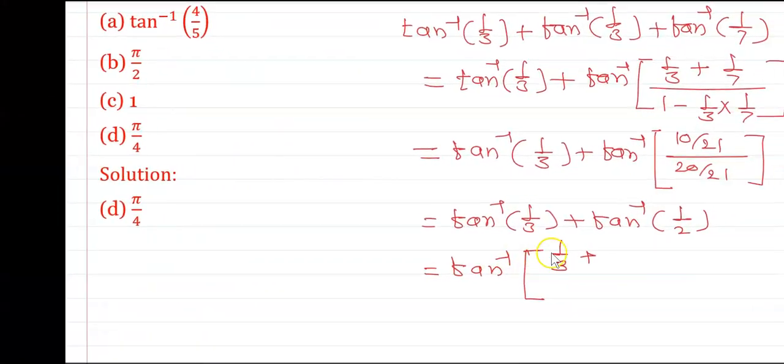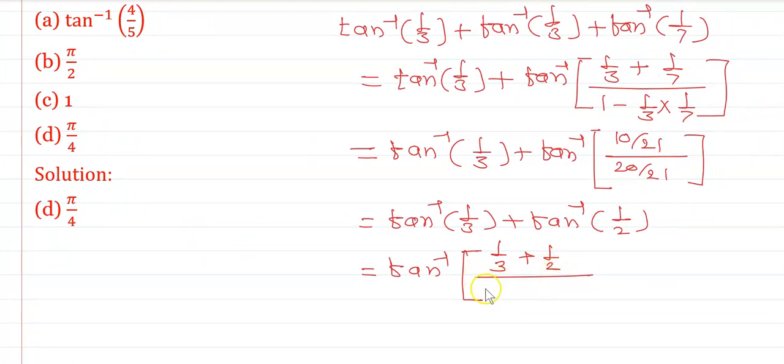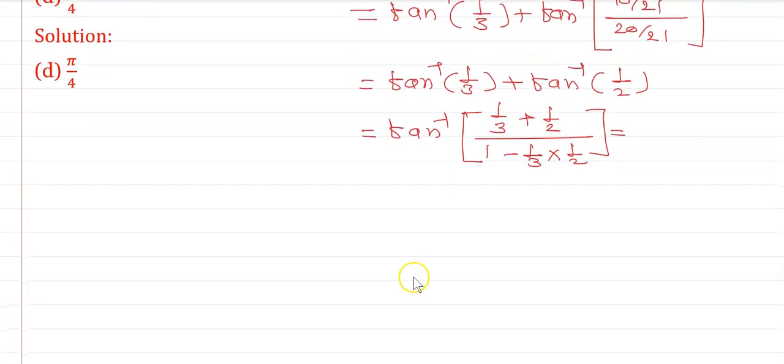Here is 1 by 3 plus 1 upon 2 upon 1 minus 1 by 3 into 1 upon 2. And after simplification, you will get tan inverse of, by cross multiplication, 5 by 6, and to the denominator again 5 by 6, 1 minus 1 by 6, then you will get 5 by 6.